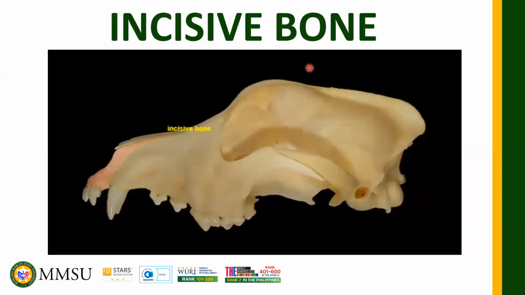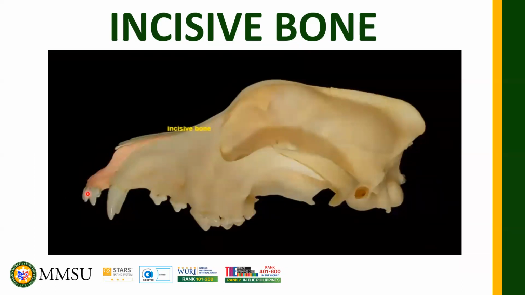And then we have the incisive bone, or what we call the premaxilla or premaxillary bone. The main function of the incisive bone is provision and support for the incisor teeth, which are located at the front of the mouth. Okay? The incisor teeth are usually adapted for cutting and shearing food.